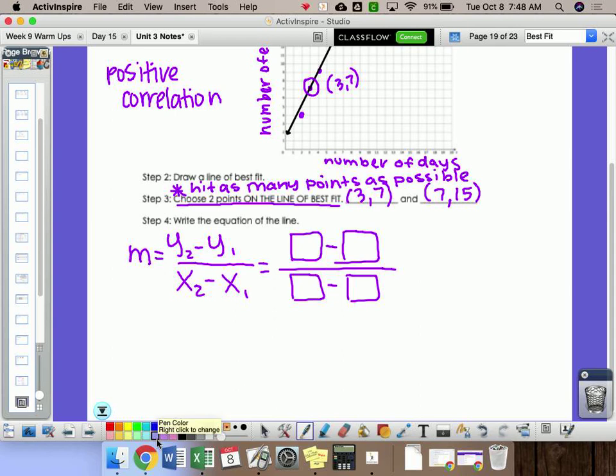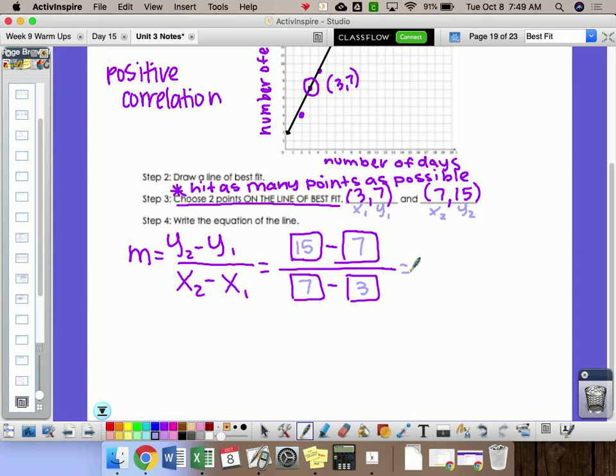If I label my points, I have x1 and y1 in my first point, and x2 and y2 in my second point. So in my first box, I'm going to put 15 minus my y1, which was 7. And then down below, I'm going to do 7 minus 3.